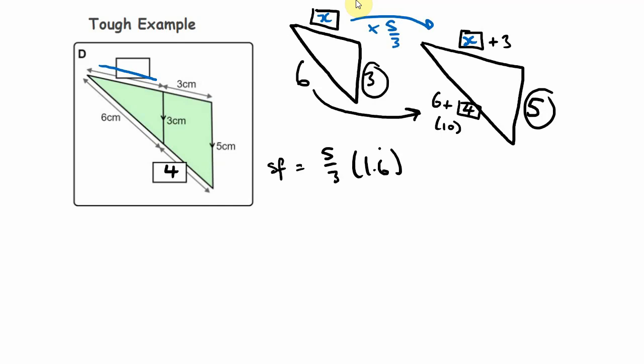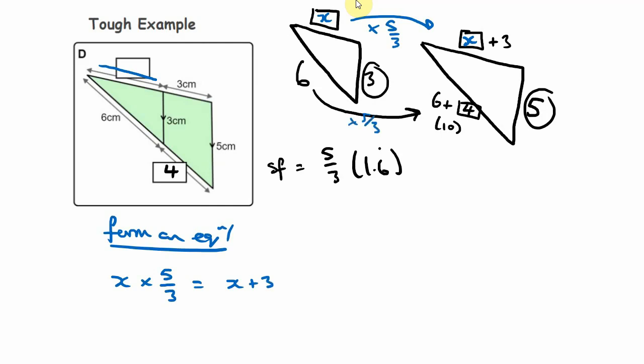So let's form an equation. x times by 5 over 3 equals x plus 3. That's all we've been doing for the ones before. 6 times by 5 over 3 gives me 10. So we could have written out an equation like this and solved it.